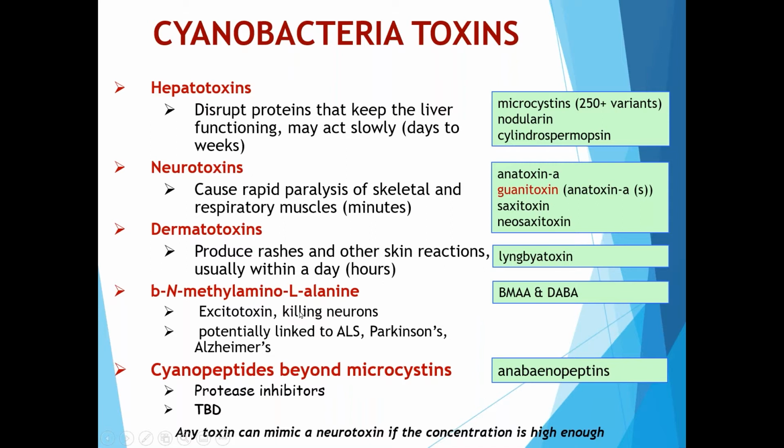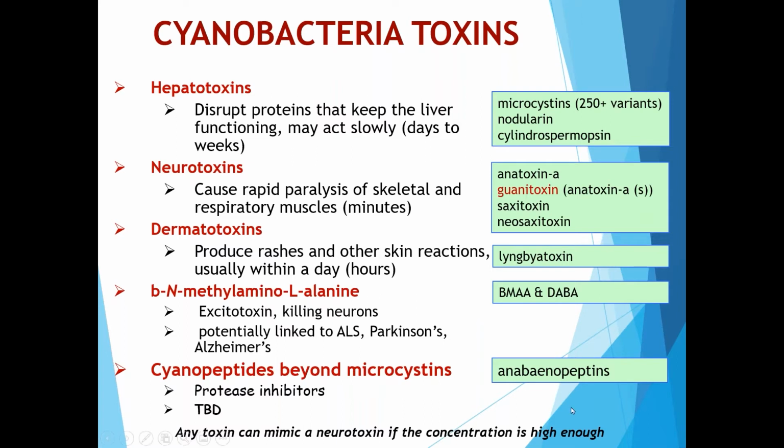The interesting thing is that the methods we use to detect these toxins are not nearly as well developed as for the others, and there's a lot of chatter in the literature about how much of a problem BMAA is. It has been anecdotally linked to ALS and Parkinson's and Alzheimer's, as has Microcystis actually.